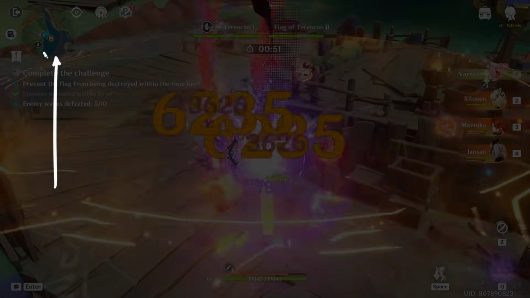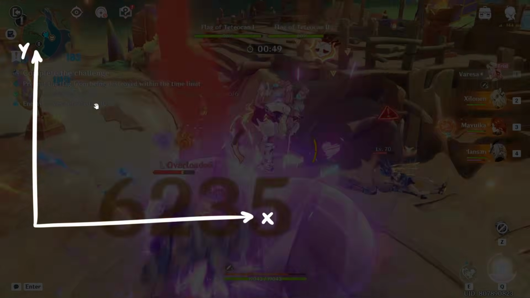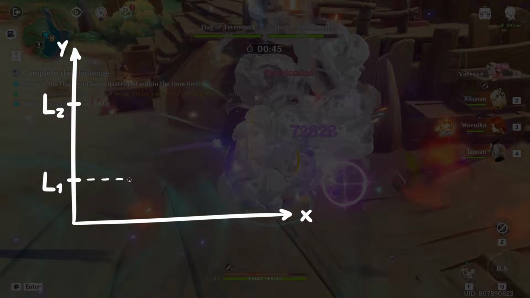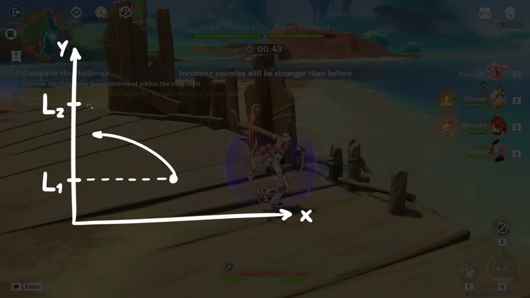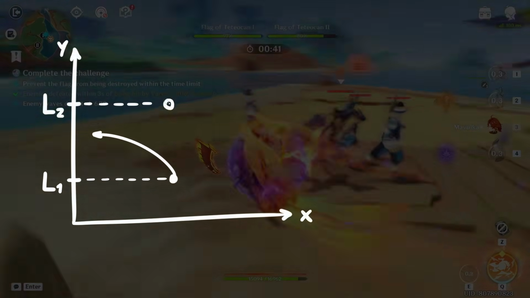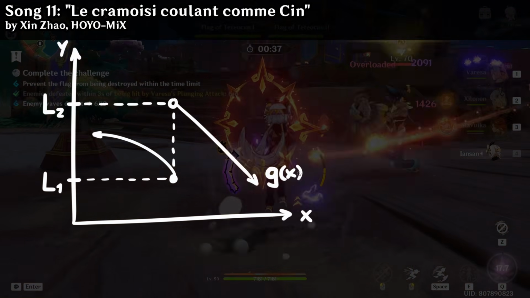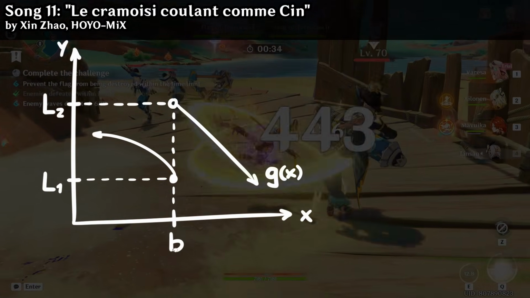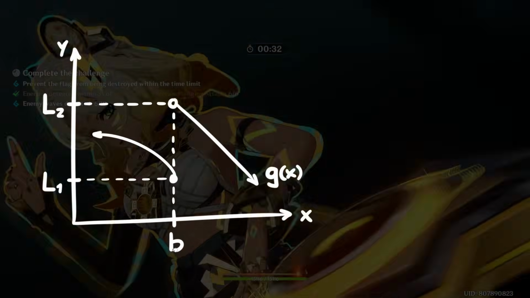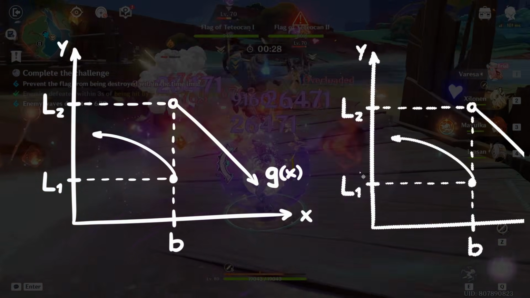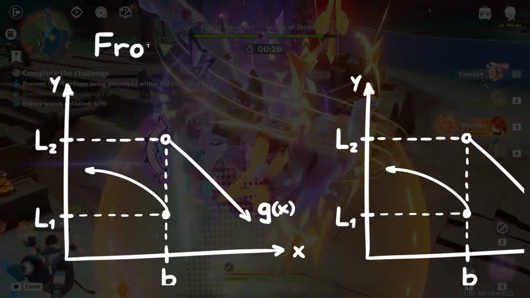Consider this function g of x. At x is equal to b, it's actually defined to be something, but does the limit exist? If we approach from the left, we get one value.